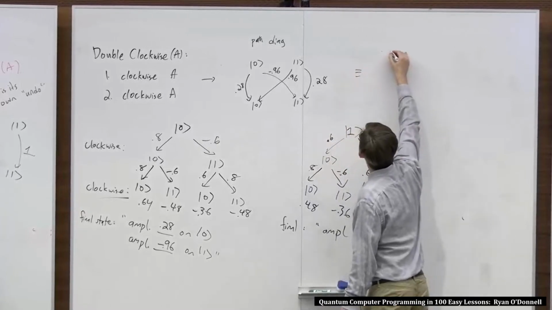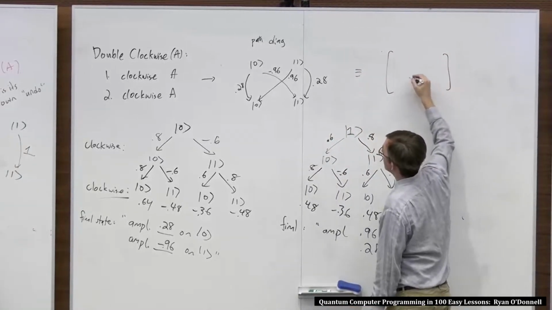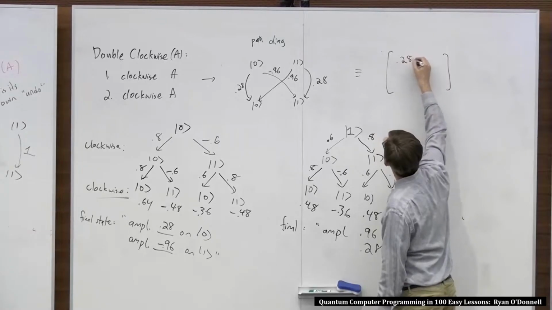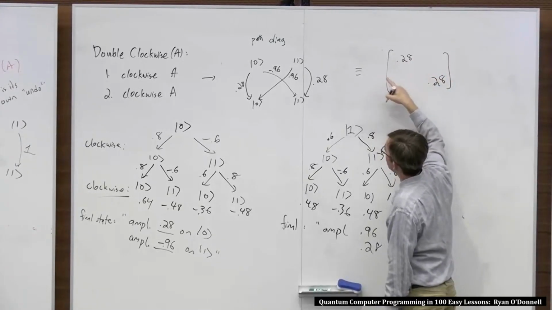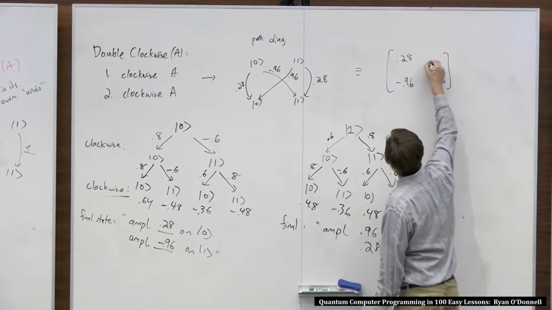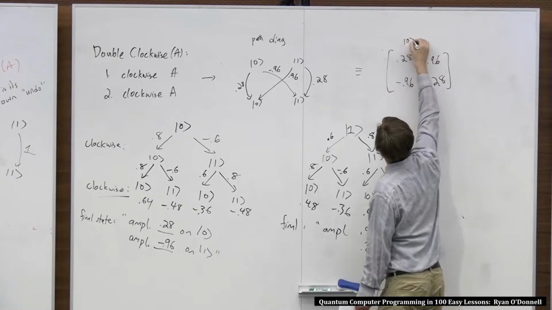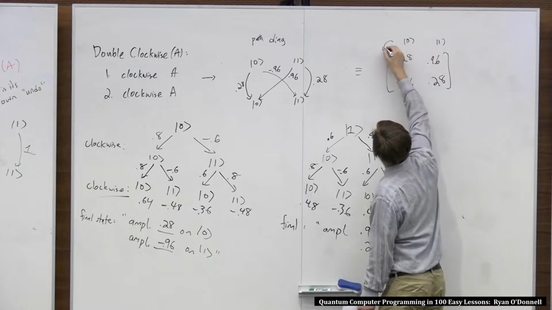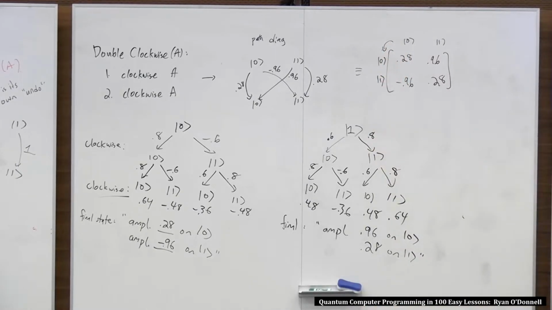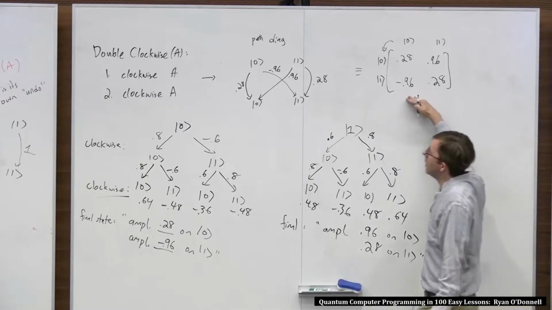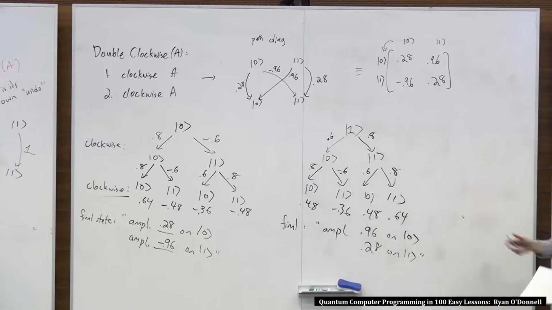So this is equivalent to a matrix that looks like 0.28, minus 0.96, 0.96, 0.28. That's 0, 1, 0, 1. So we figured out the definition of double clockwise. Any questions about this?